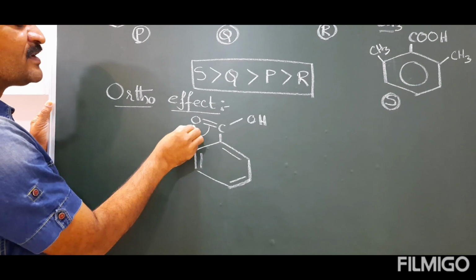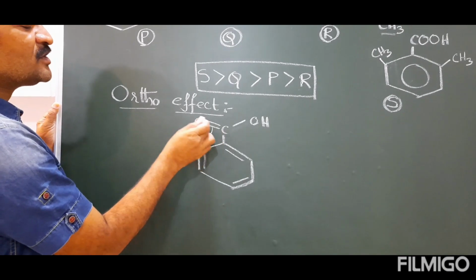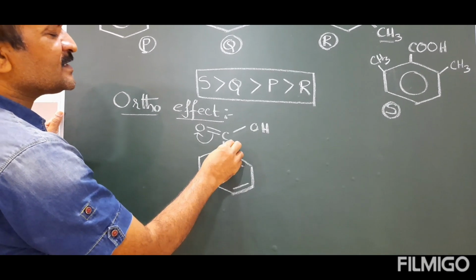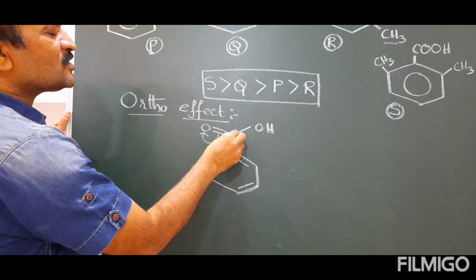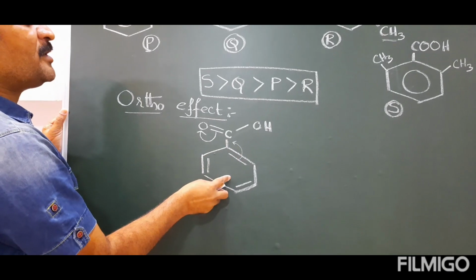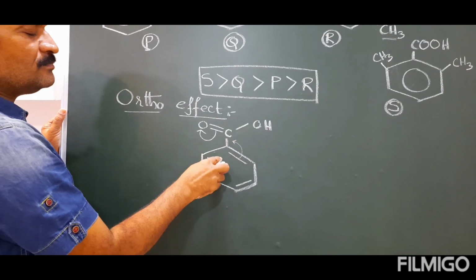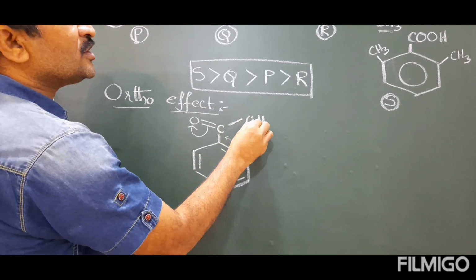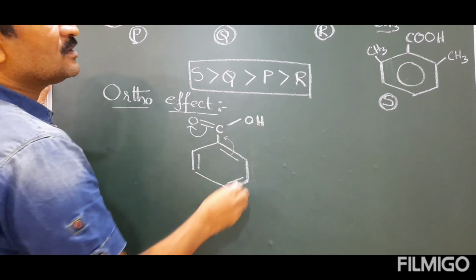Because of the resonance effect, electron density is shifted to oxygen. In the meanwhile, this carbon drags the electron density from the phenyl ring. So the polarity of this OH group is not affected effectively.